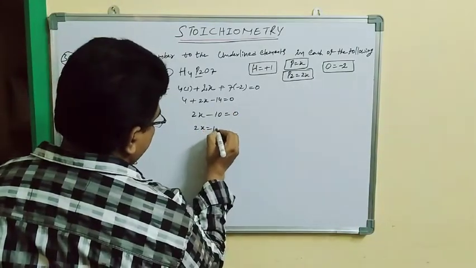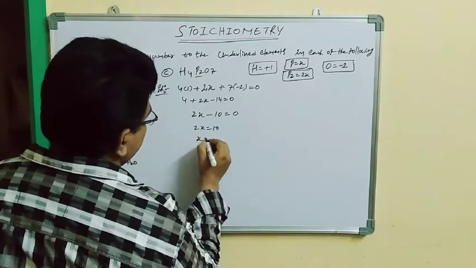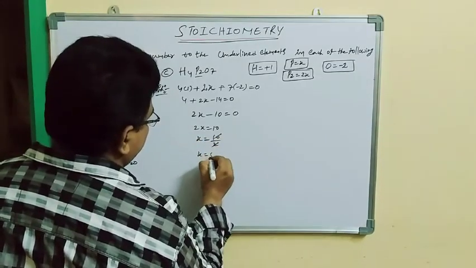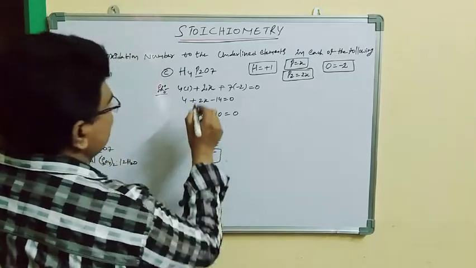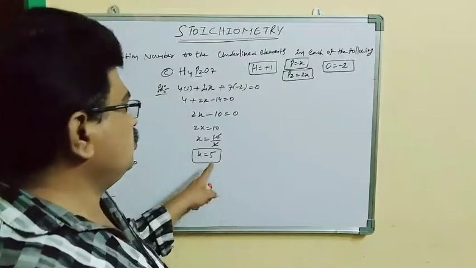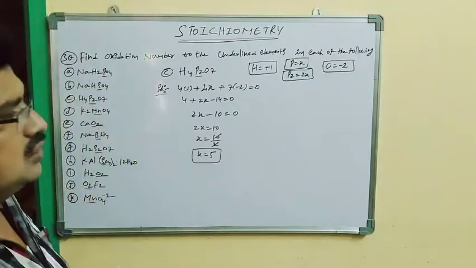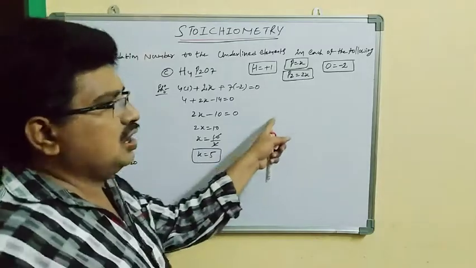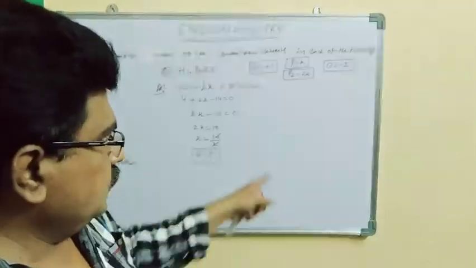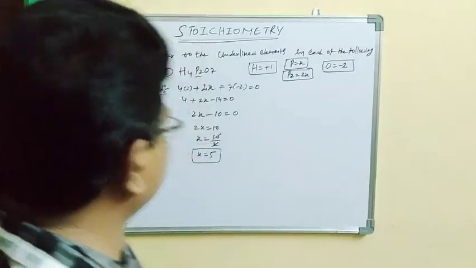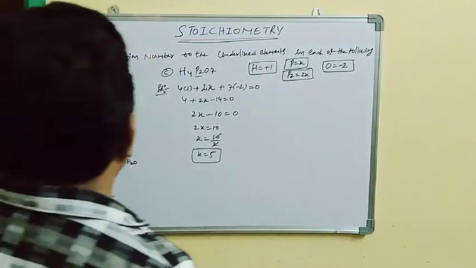So 2X is equal to 10, X is equal to 10 by 2, X is equal to 5. Phosphorus belongs to which group, students? The fifth group, so that's why we get 5. No need to always write the note that the sum of all elements is equal to 0. Now I am going to explain D.